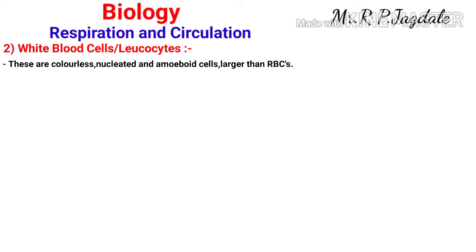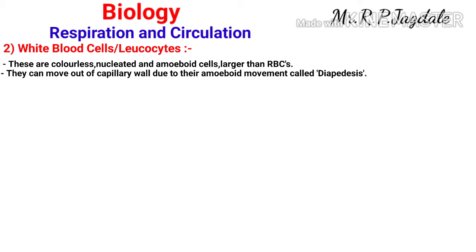Okay, WBCs can move out of the capillary walls due to their amoeboid movement, and that is called diapedesis. They have this special capability to move out of the capillary walls due to their amoeboid movement, called diapedesis.